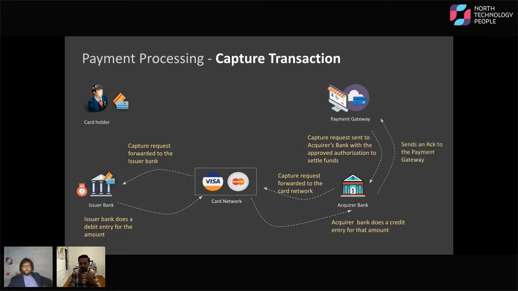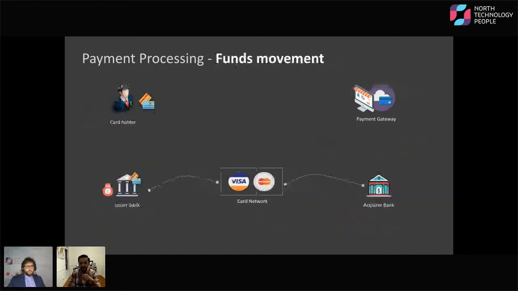Now the ACK is sent back to the payment gateway, and after receiving the ACK, the payment gateway acknowledges that this transaction is complete, and it releases the goods and services to the cardholder or the customer. The interesting part here is that even though we theoretically say that the transaction is complete, if you look deeper behind the scenes, the money has not yet moved.